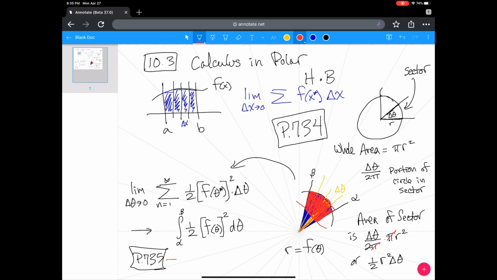So the formula they give on page 735 actually is the integral from alpha to beta of 1/2 times the difference of the functions, f of theta squared minus g of theta squared d theta. So that's if your inner function is g of theta, and your outer function is f of theta.